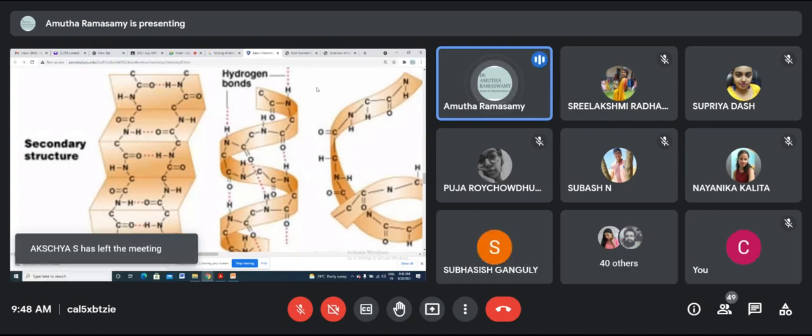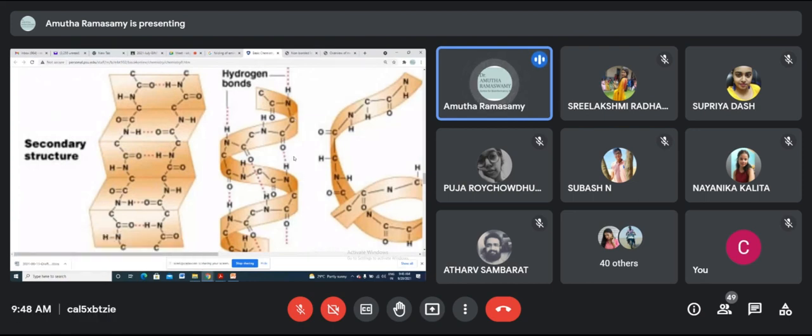But if I put this helix in a water medium, what happens? In addition to these intra-hydrogen bonds, the same alpha helix forms hydrogen bonding interactions with a neighboring water molecule. So that is like inter-hydrogen bonds, or you can say the hydrogen bond involved in the solvation of the helix.